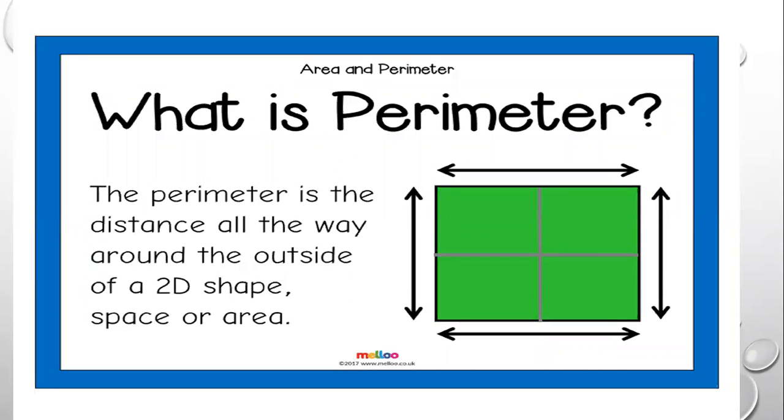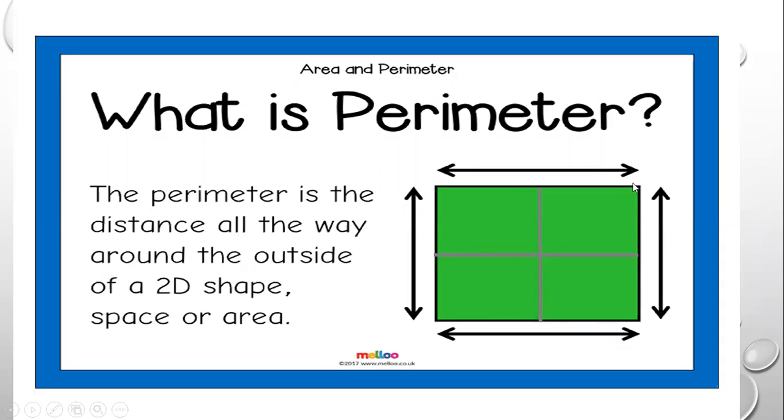So what is perimeter? The perimeter is the distance all the way around the outside of a shape. Imagine that this is your favorite Foursquare area.